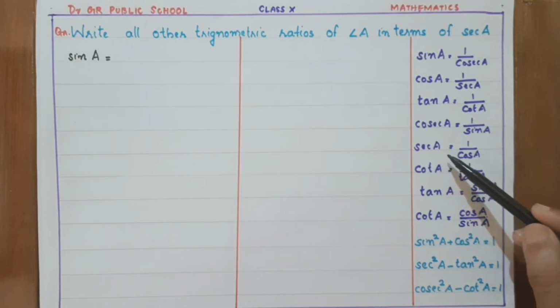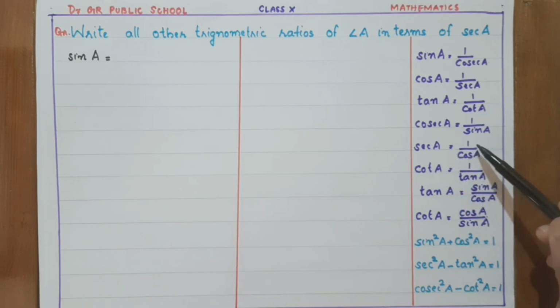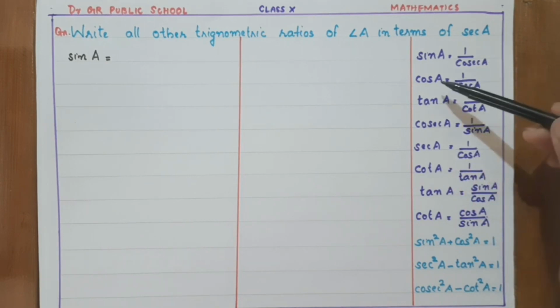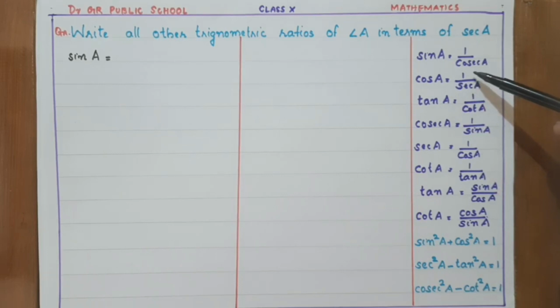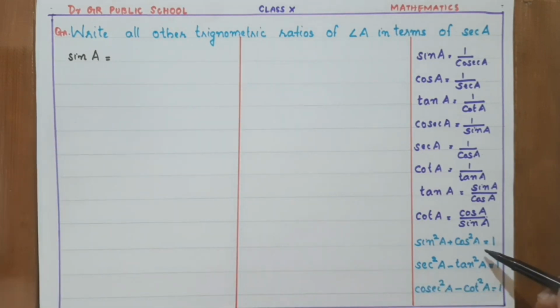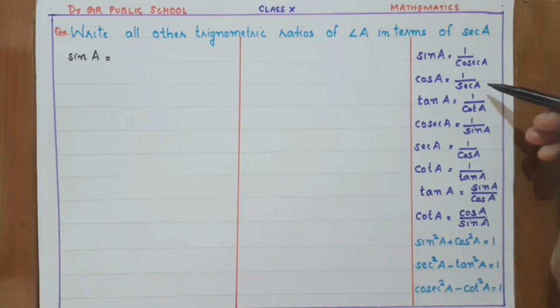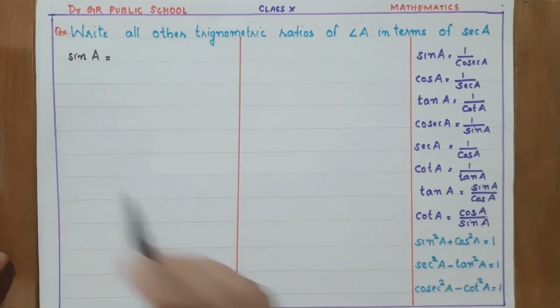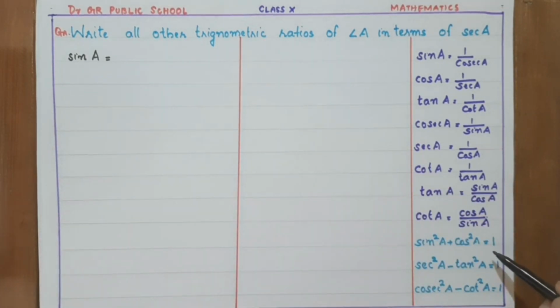See here, sec A is equal to 1 by cos A or cos A is equal to 1 by sec A. And we know sine and cos are related by an identity. So if we convert sine A to cos A, then we can convert that cos into the sec ratio. Okay? So how can we write sin A in terms of cos A first?